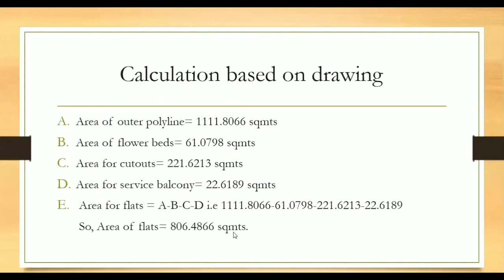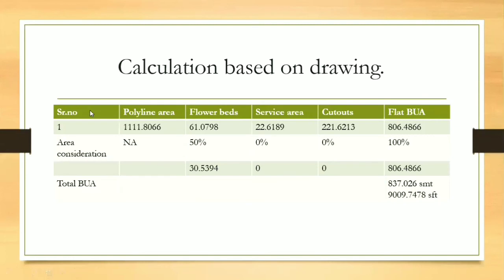Now let us see how the built up area of a particular floor is calculated from this. In the next slide, it is shown that the polyline area is this much, flower beds are this much, service area is this much, cutout is this much, so the flat built up area is this much. We have seen where the 8066.4866 value came from.